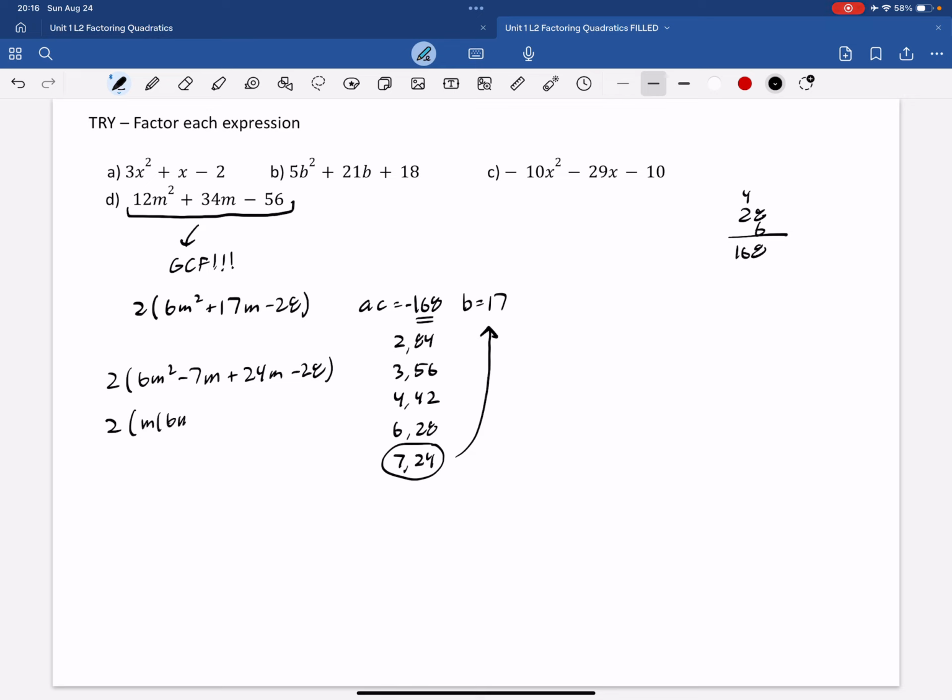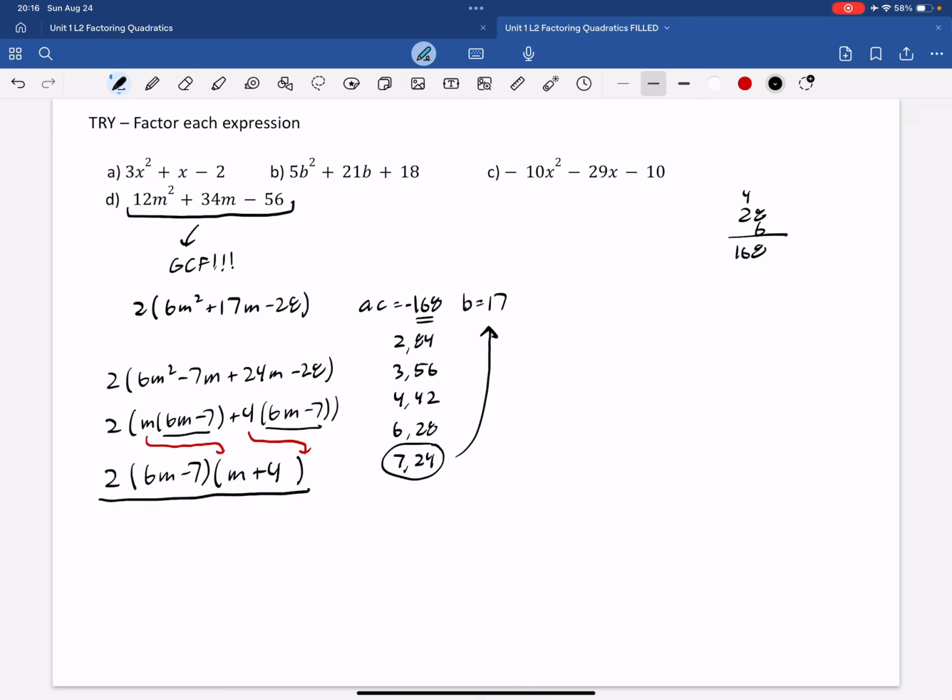This will be 6m minus 7, and then we want that same thing, so let's take a plus 4 out. 6m minus 7. Okay, so now our final form is gonna be 2, I'm gonna write this first, 6m minus 7, and then what goes in last is the remaining parts that we took the 6m minus 7 away from. So that's going to be m plus 4. So there we go. There is our factored form.